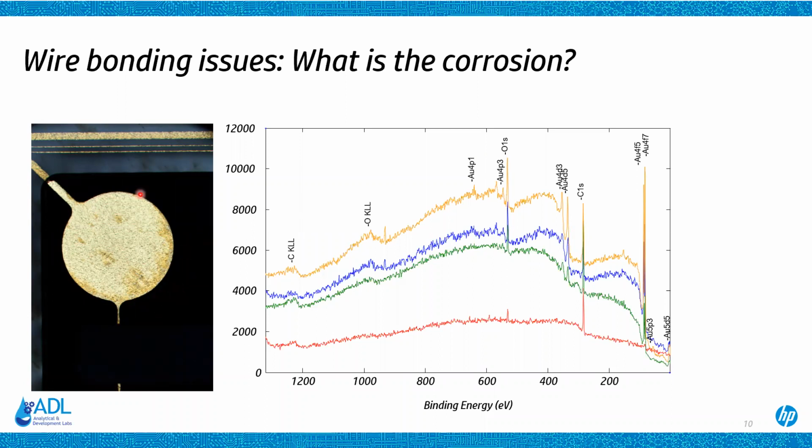And so you can see in this optical image that there are areas that have different discoloration, and a partner described them as corrosion. It turns out they aren't corrosion. It turns out they are in fact different layers, different thicknesses of a carbonaceous layer that's on top of the bond pad. And you can see this in the spectra here.